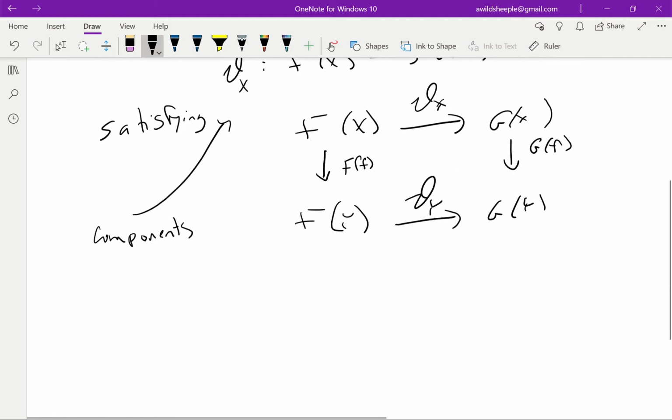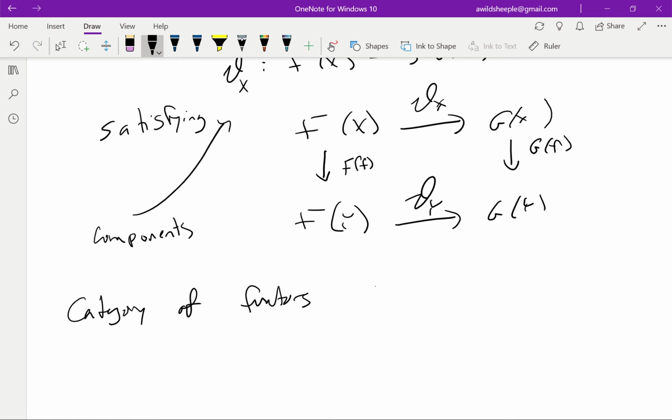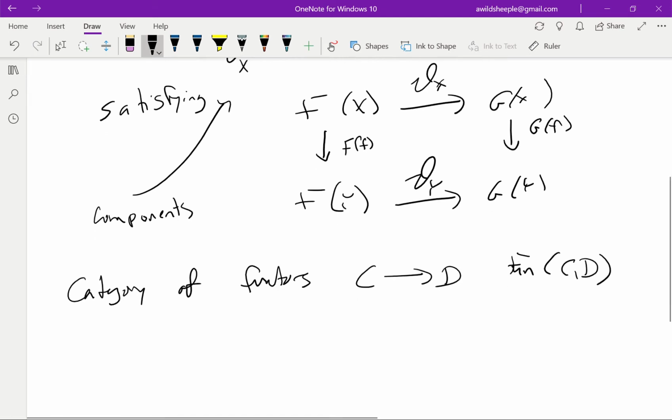While we're making definitions, let's make one piece of notation, which is that we can make a category of functors, usually just called the functor category, denoted by Fun(C, D). Sort of gives you an idea of how much fun we're going to have.